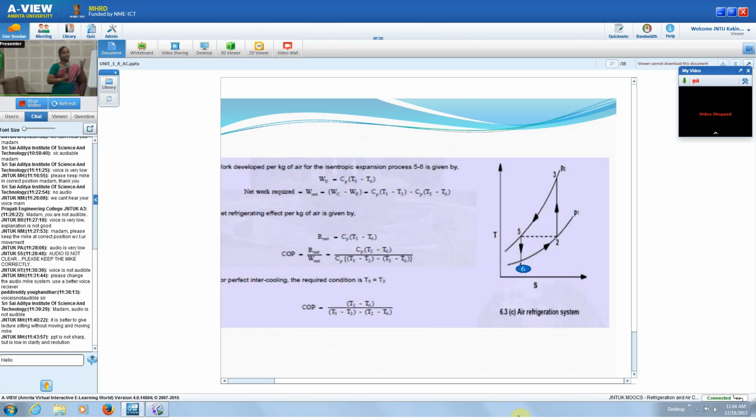Cp is common in the numerator and denominator, so we can strike it off. The final relation for COP is (T2 minus T6) divided by [(T3 minus T2) minus (T5 minus T6)].